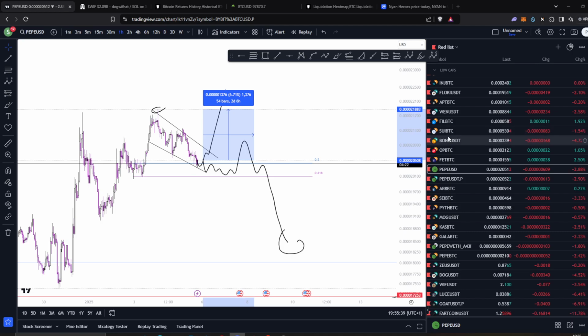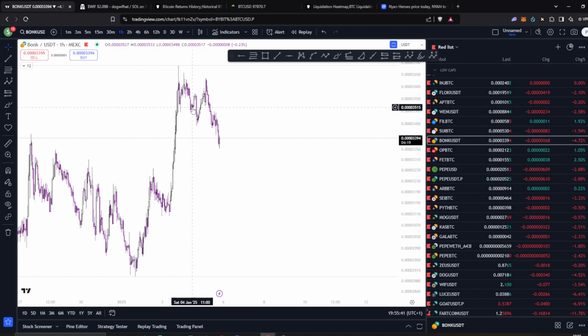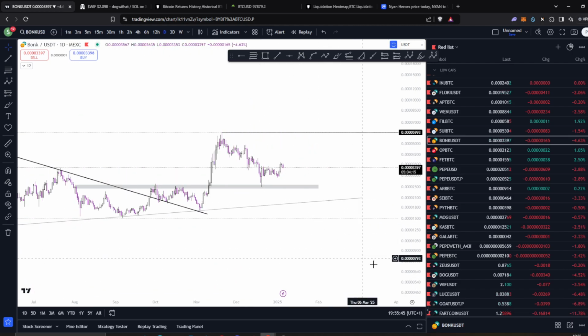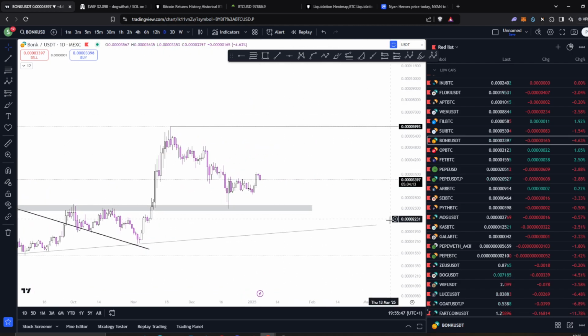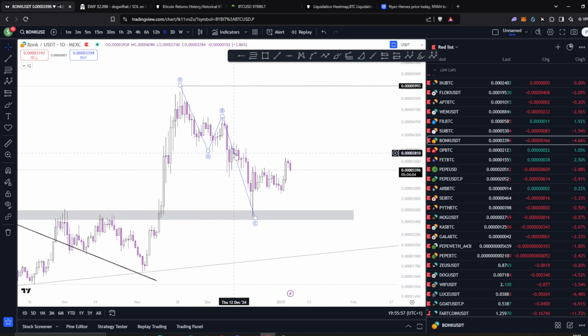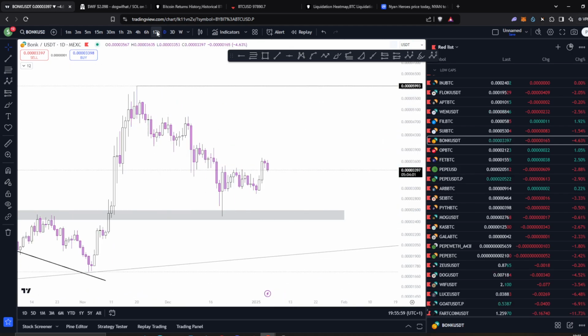Bonk. The Bonk chart, I think, is the same as Pepe. It looks slightly better than Pepe. But again, as a corrective structure, that could be your 5-wave, well, a 3-wave corrective structure.